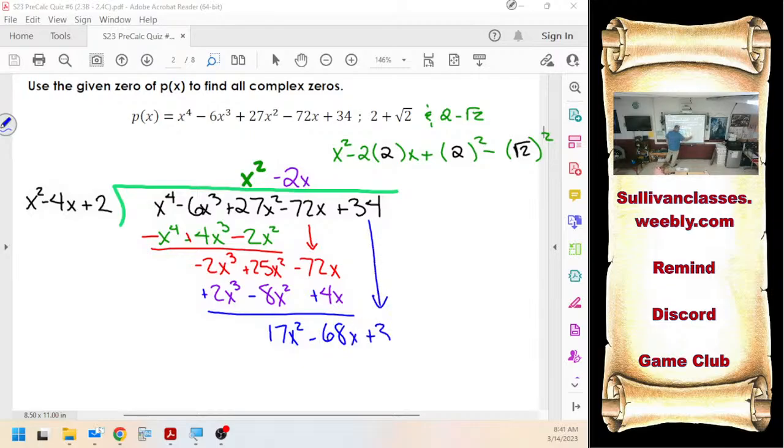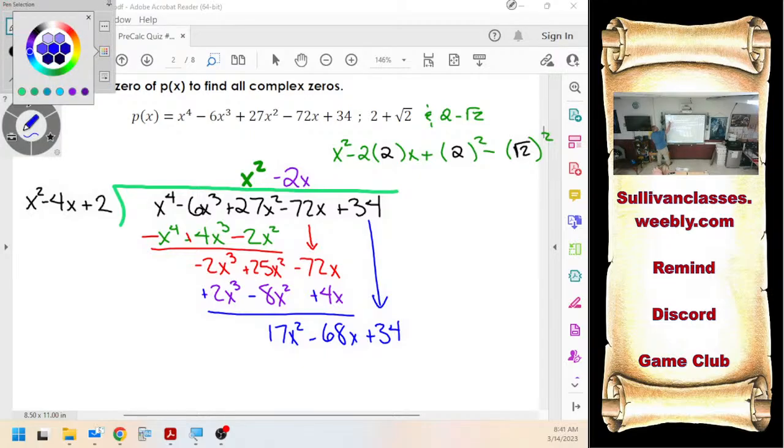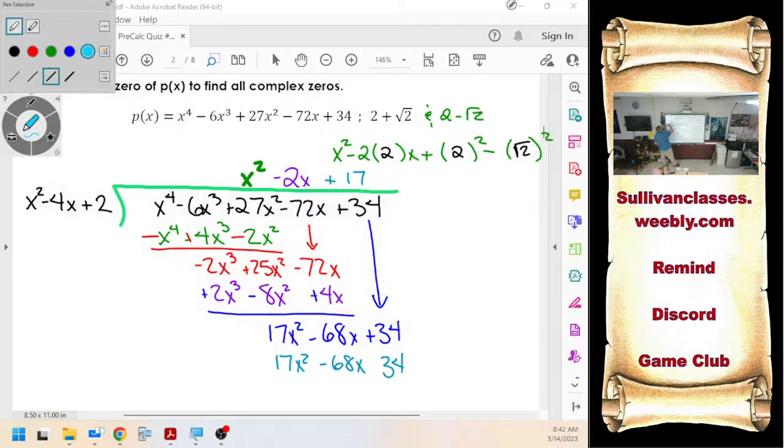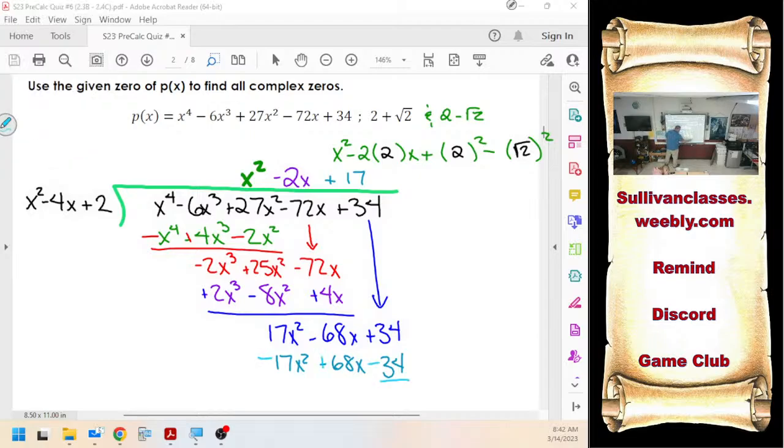Plus 34. Confused where? It's in the air. Okay. 17x squared divided by x squared is just 17. Change your signs, and as was foretold, I get 0.